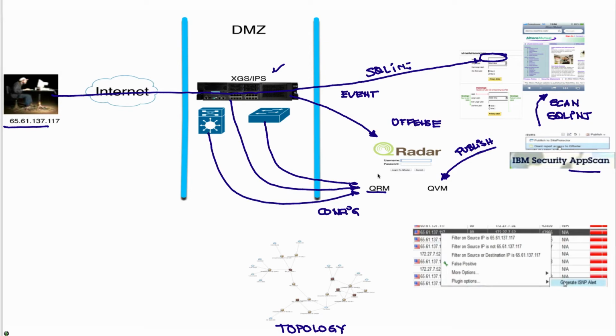What are the things that a user, a SOC operator, can do? Well, for one, he can just right-click on the offending source IP of the offense, and in this particular case, that particular IP address.